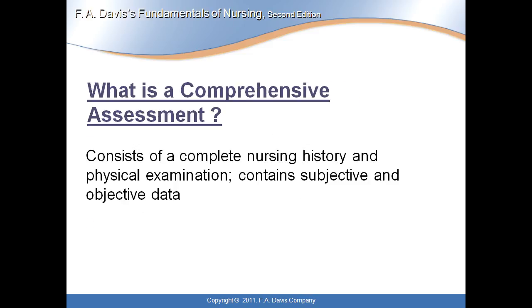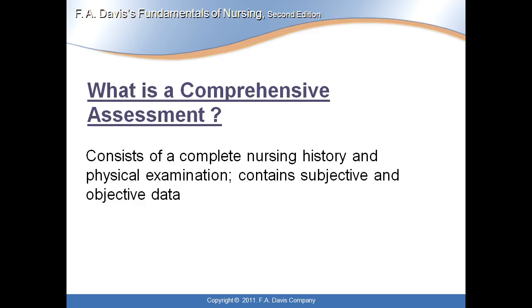What is a comprehensive assessment? It consists of a complete nursing history and physical examination. It contains subjective and objective data. And as you know, subjective data is information that is revealed by the client or patient or other individuals.